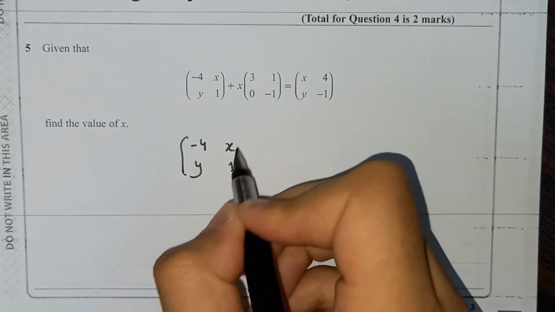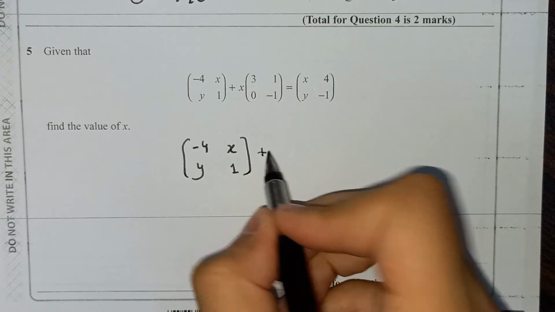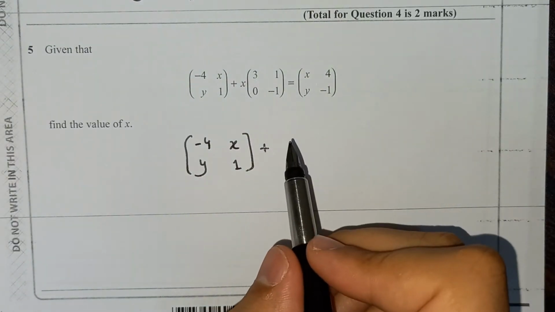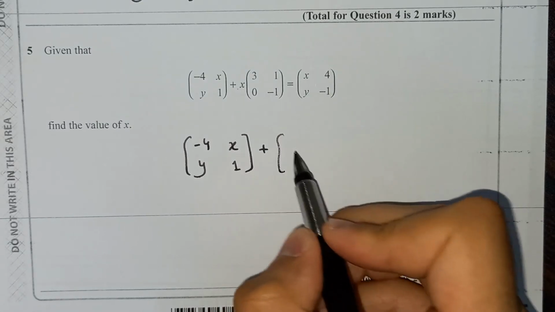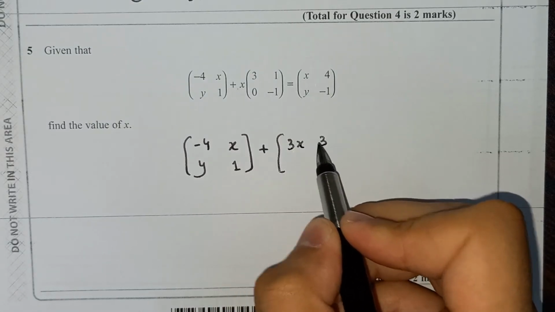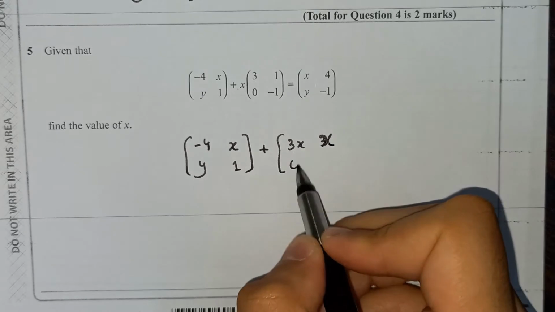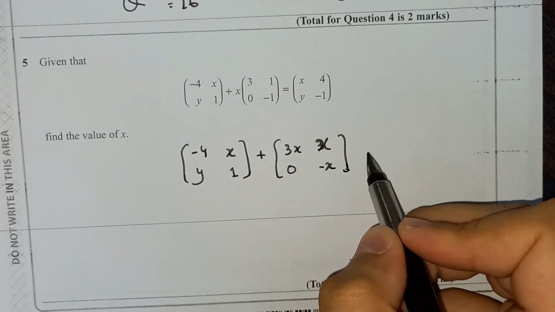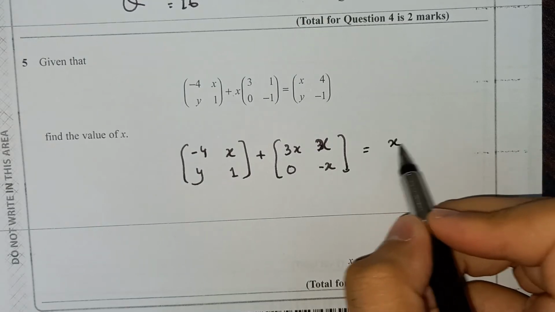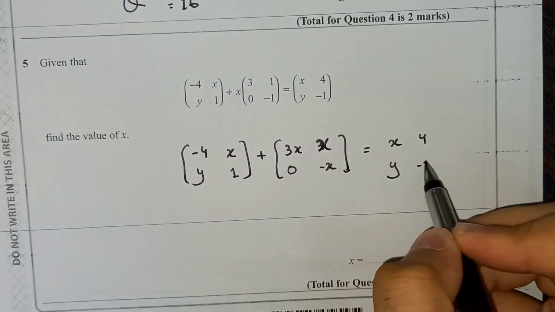We're just rewriting the first matrix over here, but now for the simpler part, we're just gonna multiply this x with the entire matrix to open it up. 3x, x, 0 and -x. Now we have the product, the sum of these two matrices, which is this.